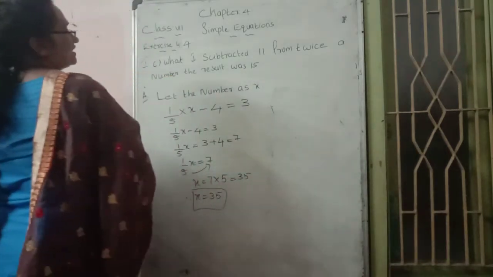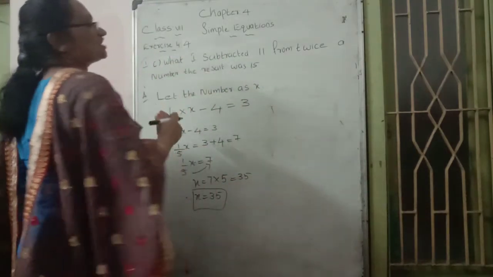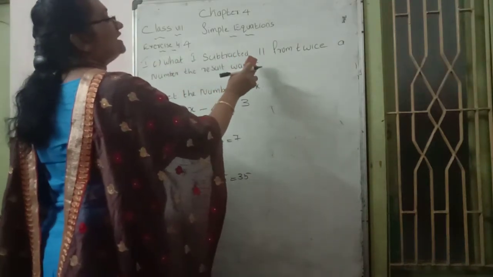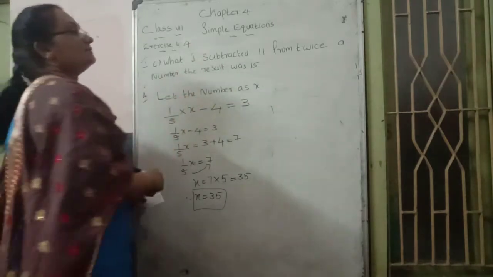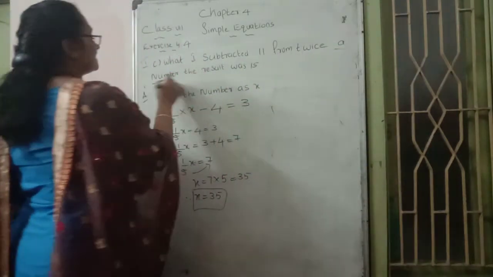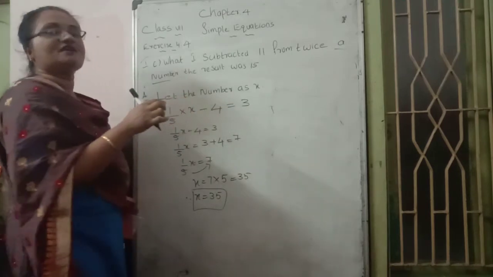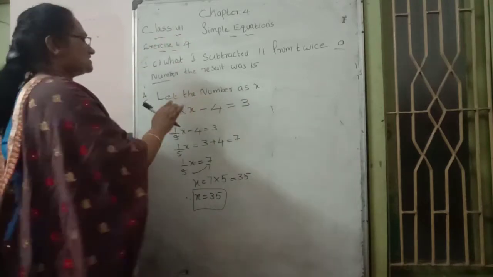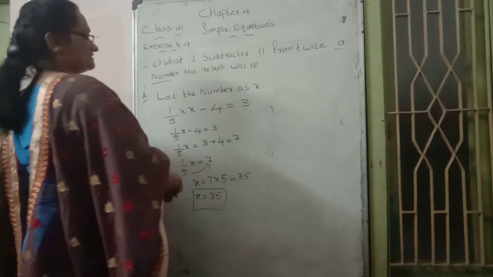Like this way they given. Here also, what I subtract a number. In which way? What I subtracted 11 from twice a number. A number is again here. A number means what we want to do? Consider that number as x or y or z or t or any alphabet. I consider it as x. Let the number be x.